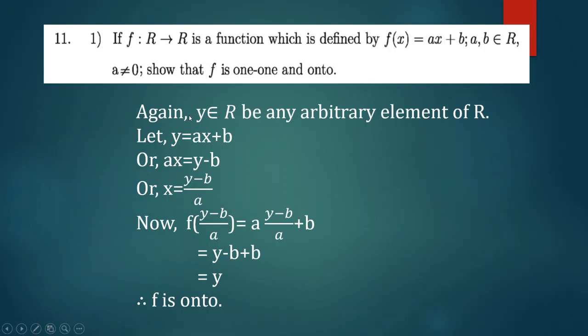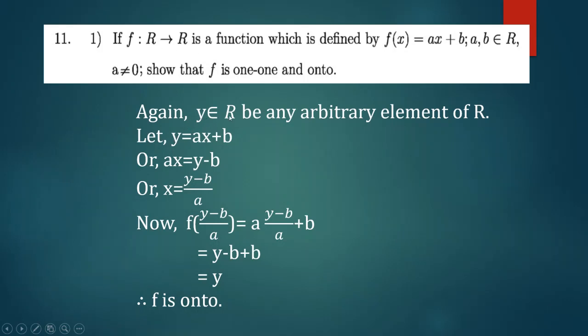Let y be any arbitrary element of this codomain, and for this y you get at least one x belongs to R such that f of x equal to y. Then the function is onto.